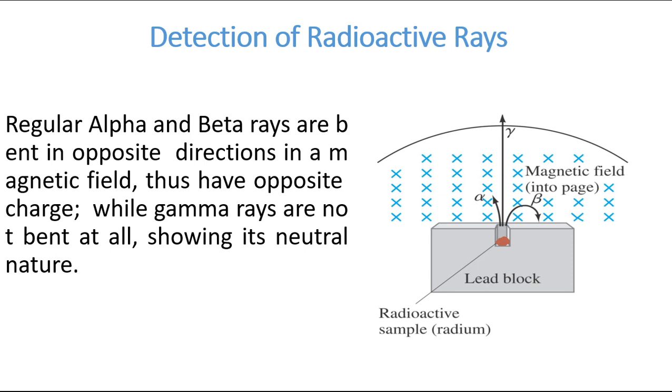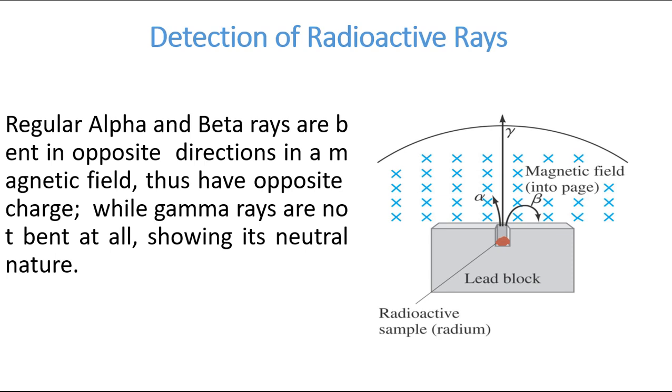How can we detect these radioactive rays? It's very easy. If we have a magnetic field, we can do it. In the figure on the right, we have all three kinds of samples within lead blocks, and you can see the alpha rays and beta rays moving in different directions within the magnetic field, opposite to each other, which means they have different charges.